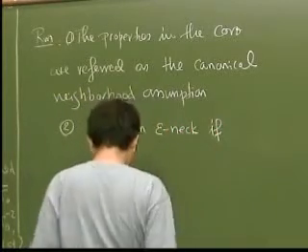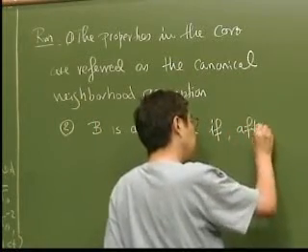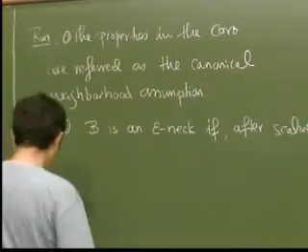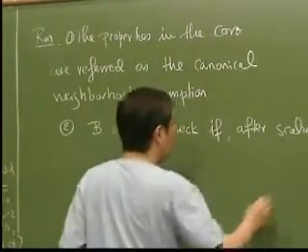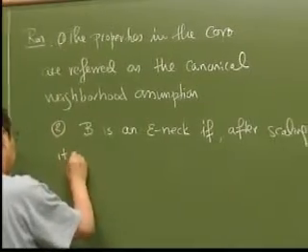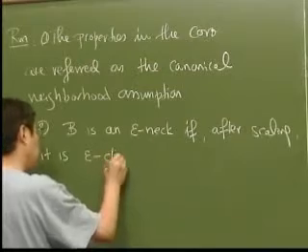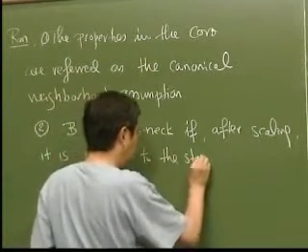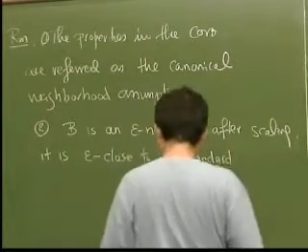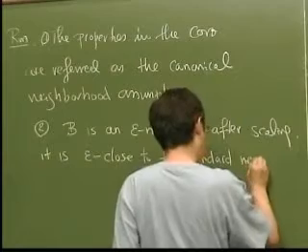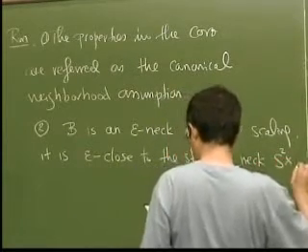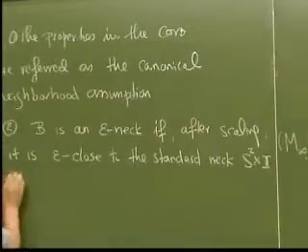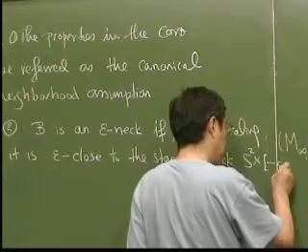If after scaling, namely you normalize the scalar curvature at one point to be 1, then it is epsilon close to the standard metric on a cross I. So maybe I put it this way, cross minus epsilon inverse.